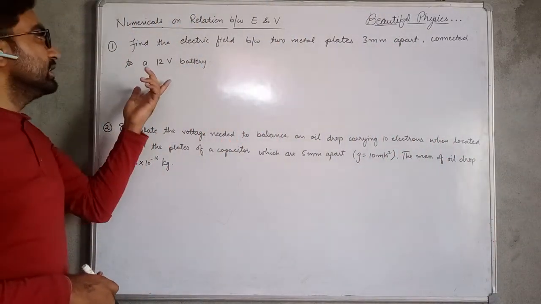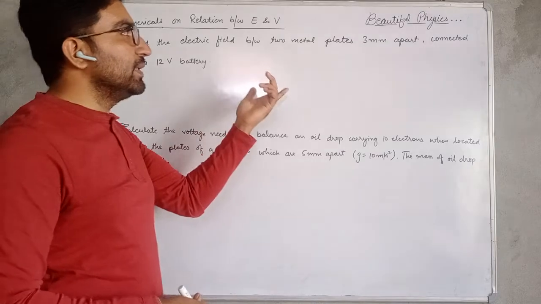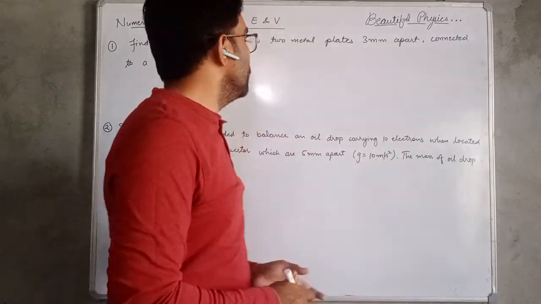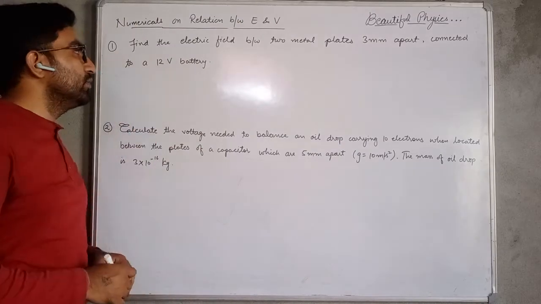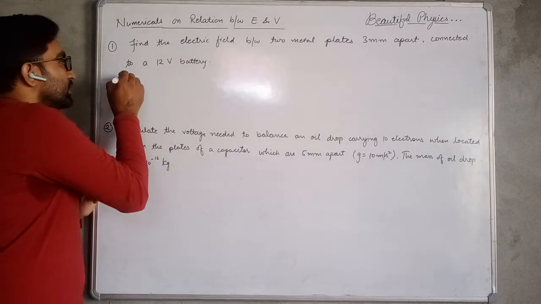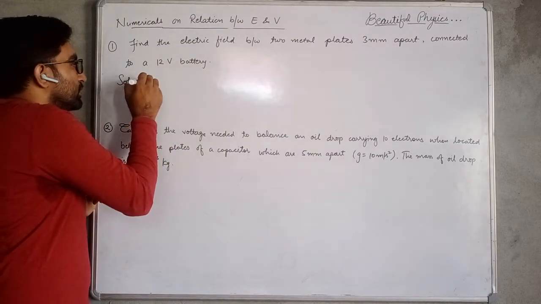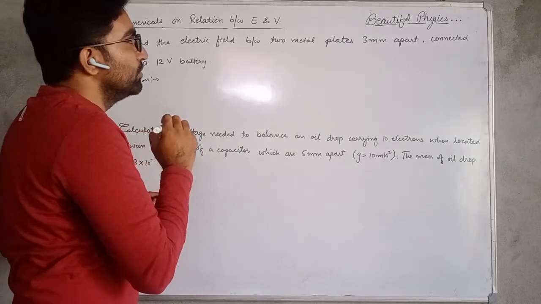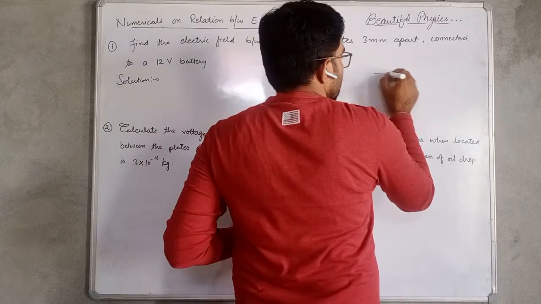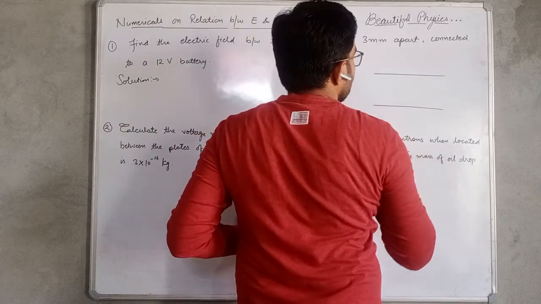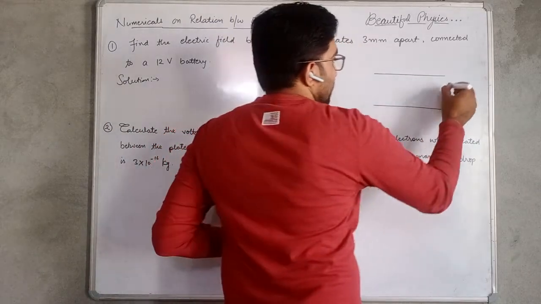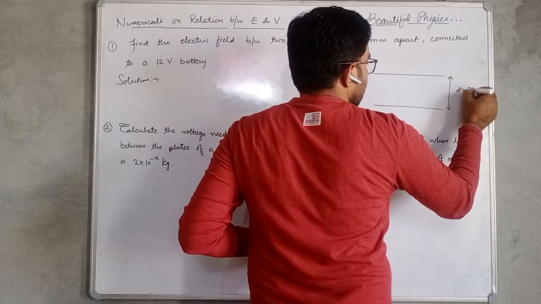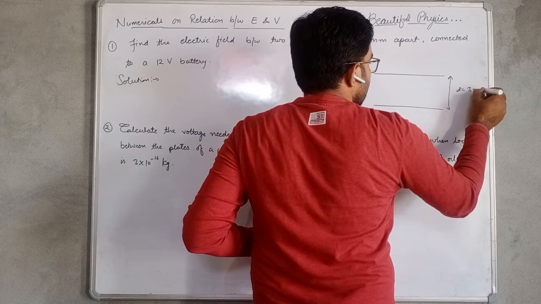First one: find the electric field between two metal plates 3 millimeter apart connected to a battery of 12 volt. Suppose these are two metal plates and the separation between them is D, and D is equal to 3 millimeter.